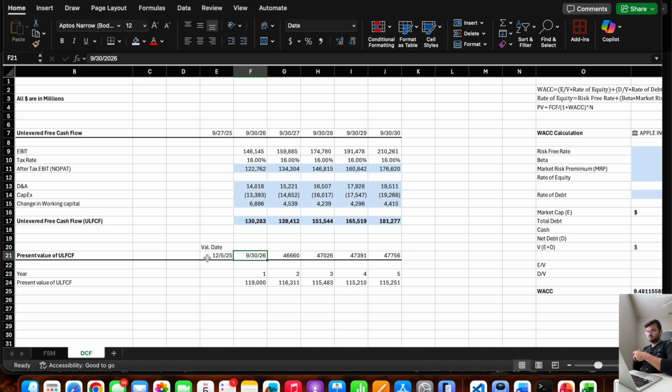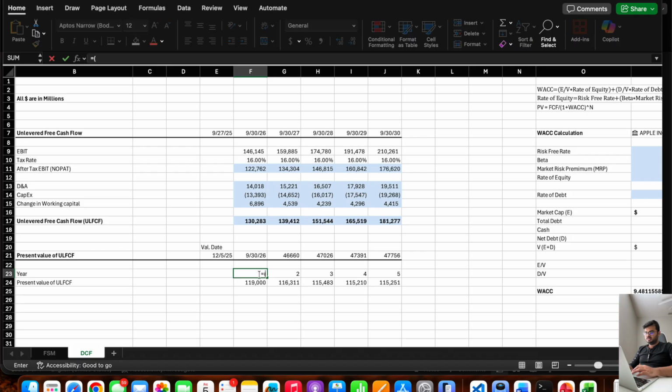So what makes it more meaningful is to discount the free cash flow from the current date rather than the previous year's annual report date. So rather than just using one, calculate the difference between these two dates and then divide it by 365.